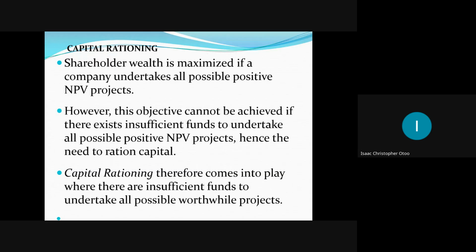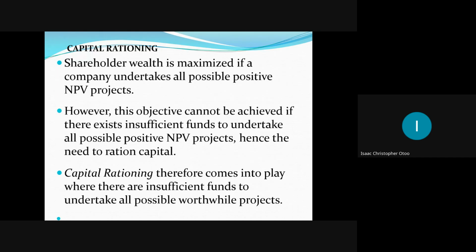All that you are seeing here is that you have evaluated all projects, and all projects are giving you positive results, and yet we have been made to understand that a project giving you positive should be undertaken. Then what we say is, we should choose the highest one and leave the lowest one.